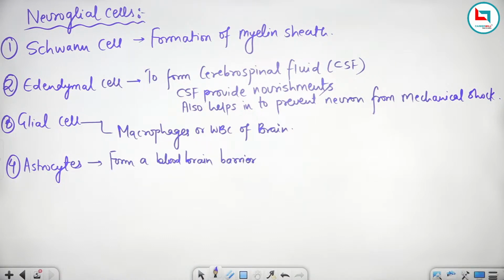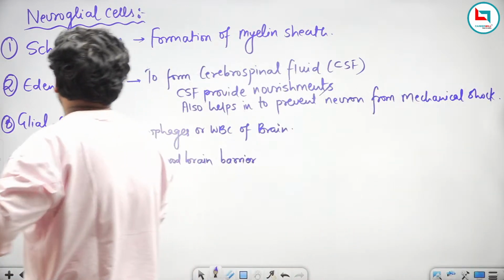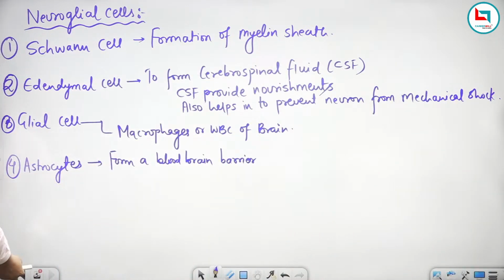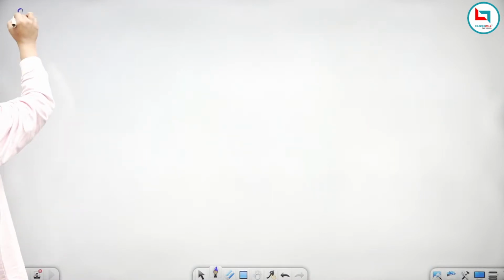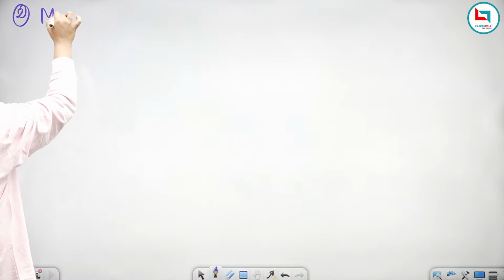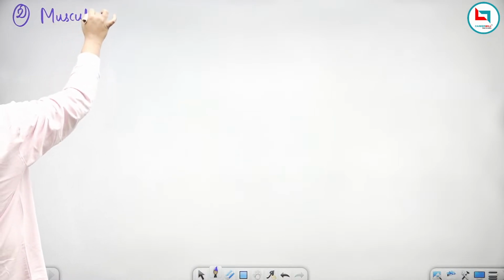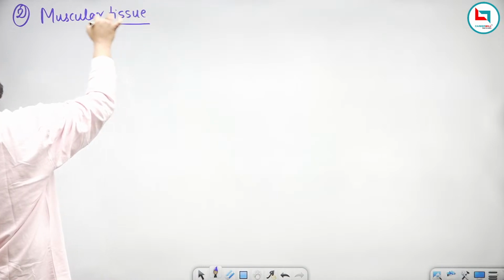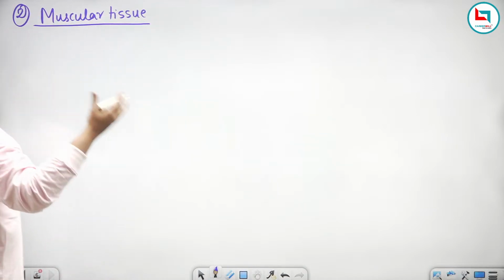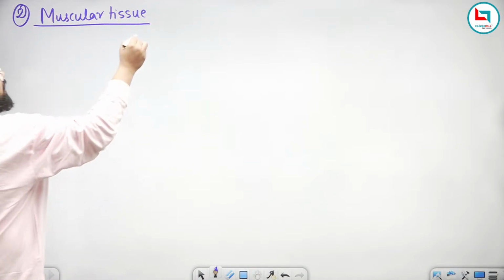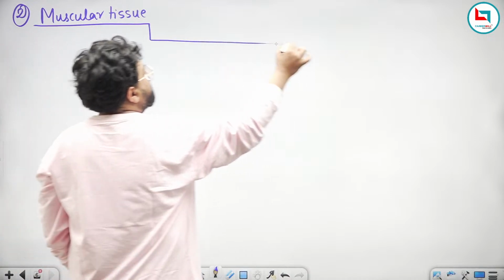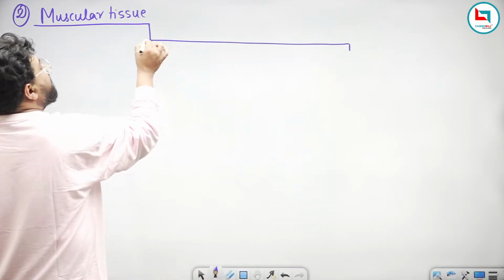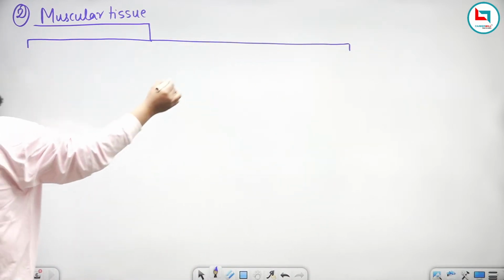So this is our first tissue, that is neuroglial cells and neuron, or nervous tissue. Second thing is our muscular tissue. Muscular tissues are those tissues which are made up of muscle fibers. We have three different types of muscles.